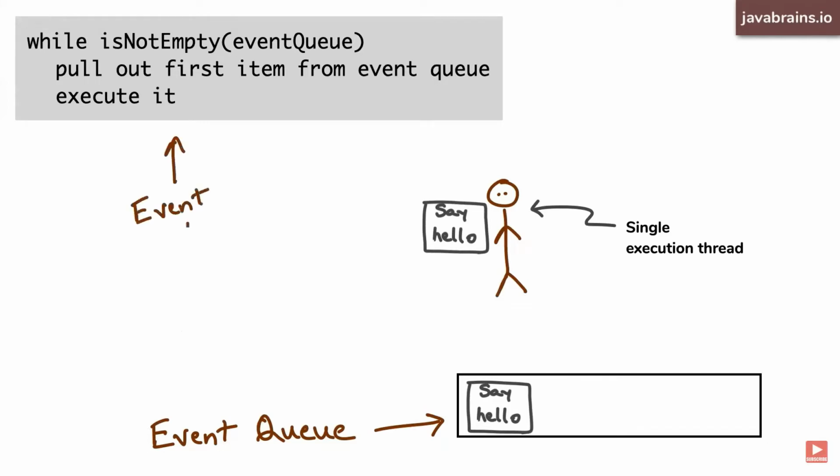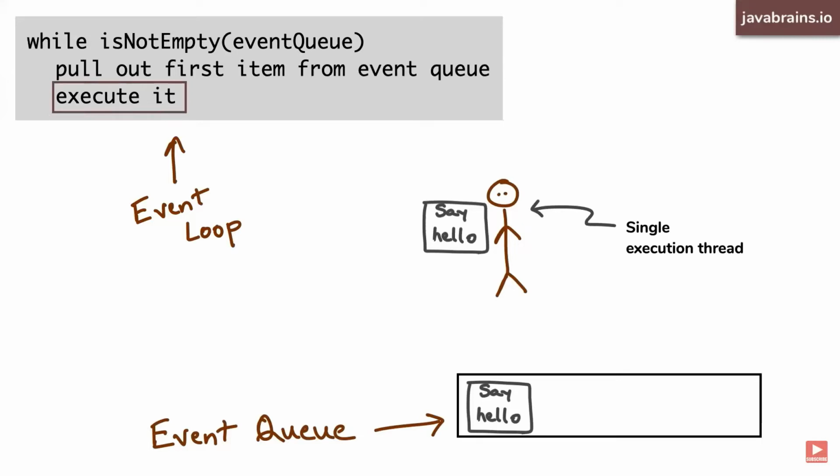So basically, the event queue is like a to-do list for the thread, and the event loop is the thread continuously checking this to-do list and doing those things until there isn't anything left. If the queue is empty, it goes to sleep. But once an event gets into the queue, it wakes up and does this thing all over again and again and again. Now, let's examine this particular executed step.